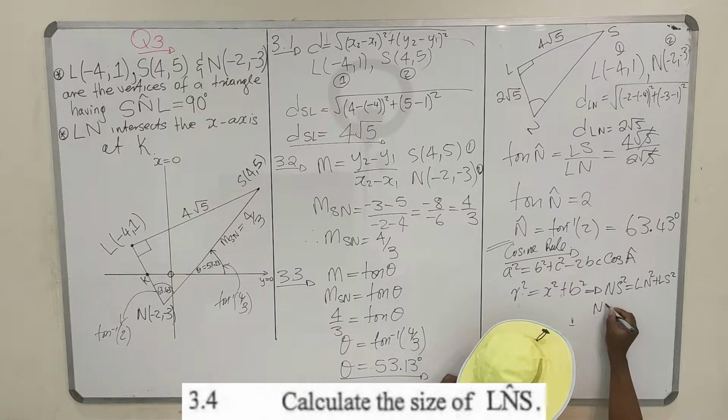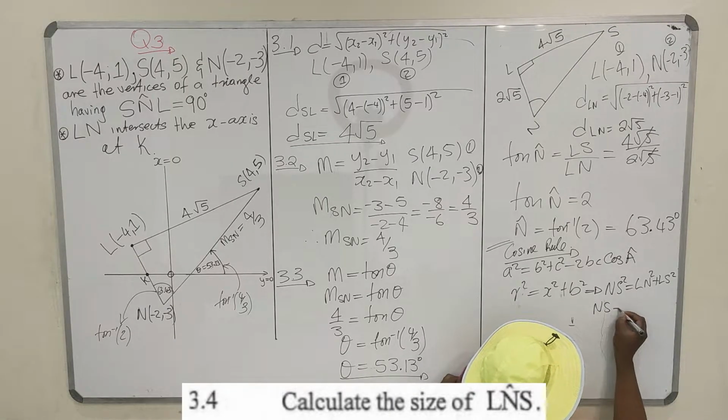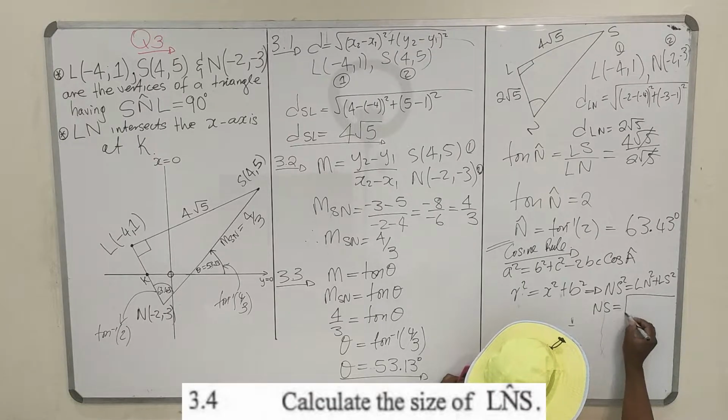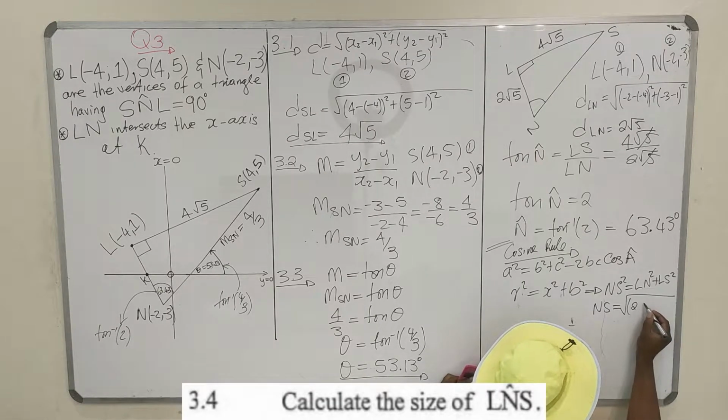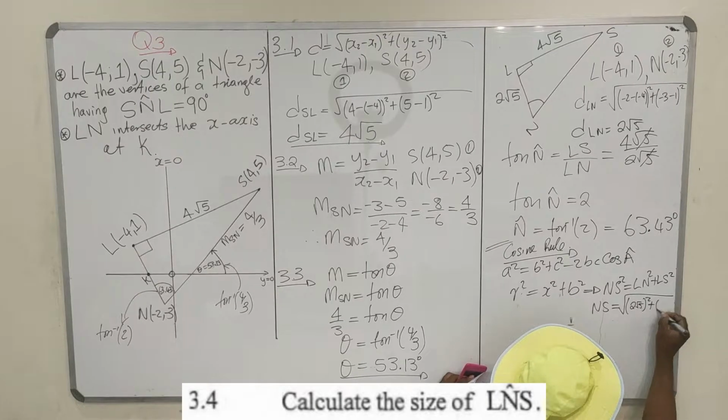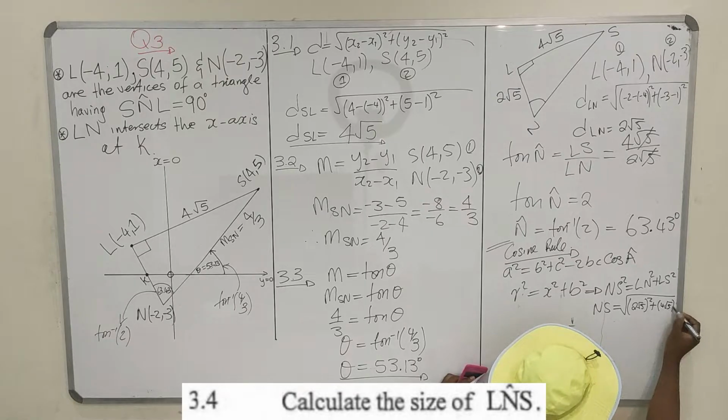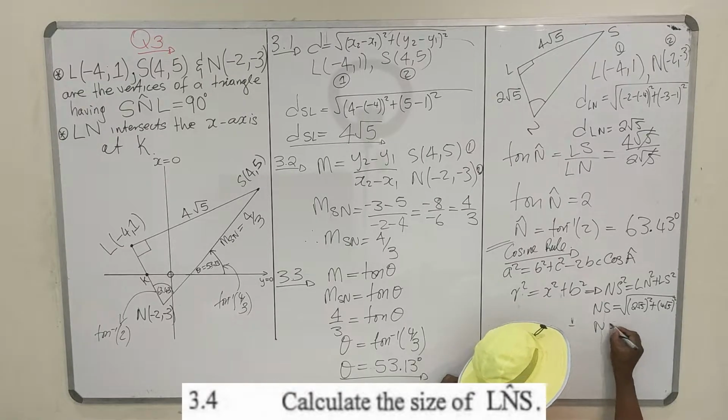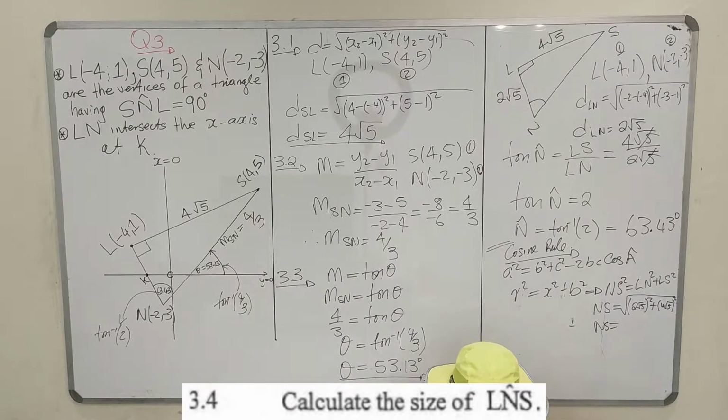So NS is equal to the square root of 2 root 5 all squared plus 4 root 5 all squared.